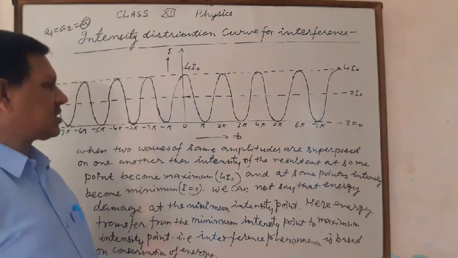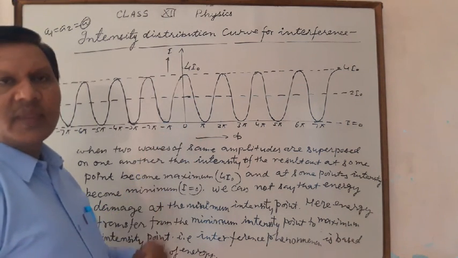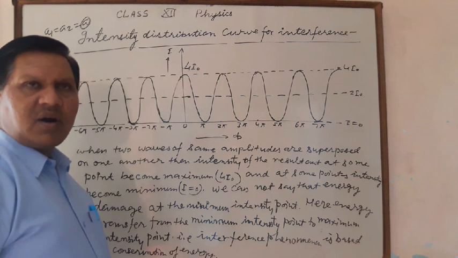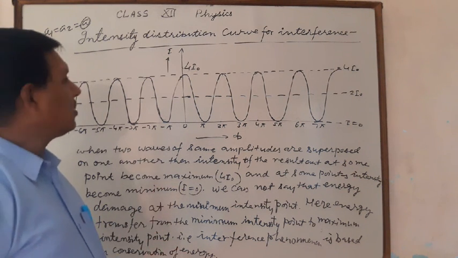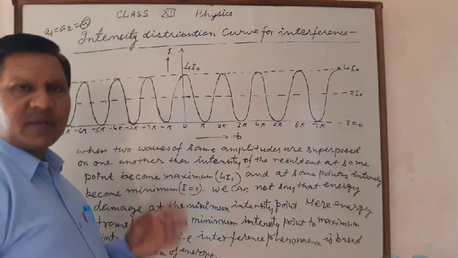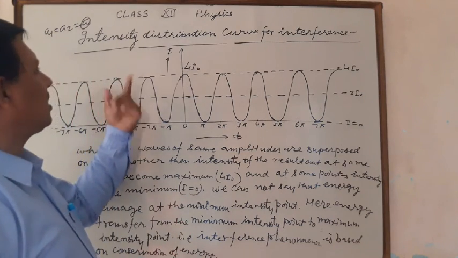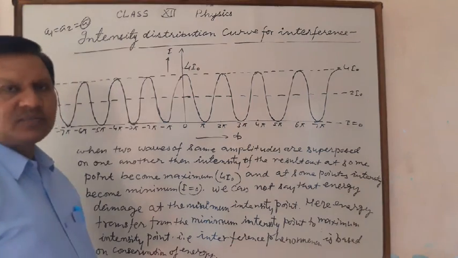Taking phase difference on the x axis and intensity of the wave on the y axis, when a graph is plotted, a curve is obtained, which is known as the intensity distribution curve.